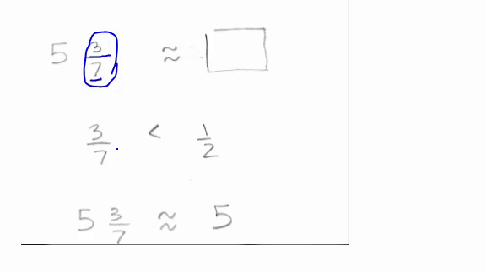So 3 is less than half of 7. Half of 7 would be 3 1/2, so 3 is less than 3 1/2, and 3 over 7 is less than 1/2. So when we're trying to estimate an answer, 5 3/7 would round to 5.